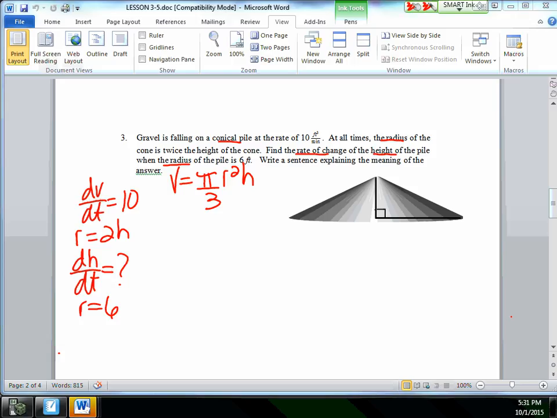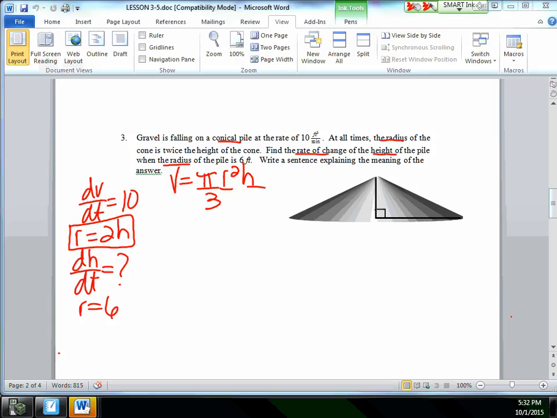Okay. Is it? Yep. Okay. So as I look at this, I have two variables, and it doesn't talk about dr/dt. So I know I want to get rid of my r's because that would throw in extra variables. I would have to do the product rule. So they gave me extra information here to help me wipe out the r's, and it's that fact right there.